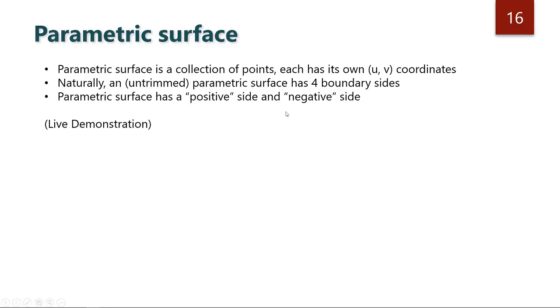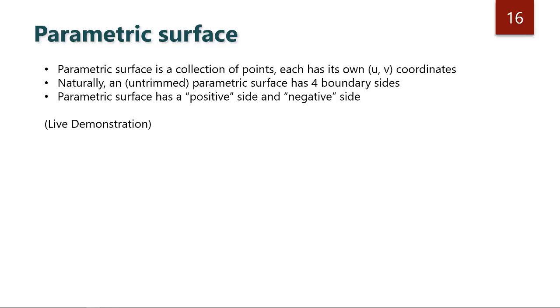All right, and because of that, untrimmed. So if you have a parametric surface, it might curve, but it always has four boundaries, right? Because if you look at the xy coordinate, it always has four boundaries. And the UV is just a deformed or curved version of an XY space, right? So it has four boundaries, and it has a positive side and a negative side. So when you do an XY plane, there's an upside, the up Z axis, and the negative Z, right?